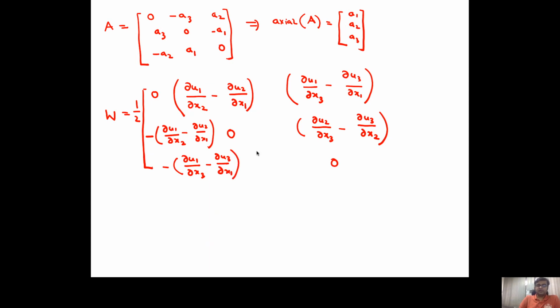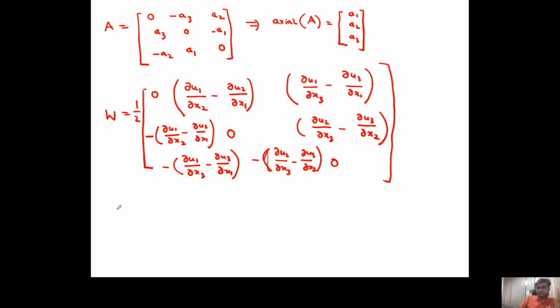And lastly, this part will also come with a minus sign. So this will be del U2 by del X3 minus del U3 by del X2. So this is the skew symmetric matrix W.